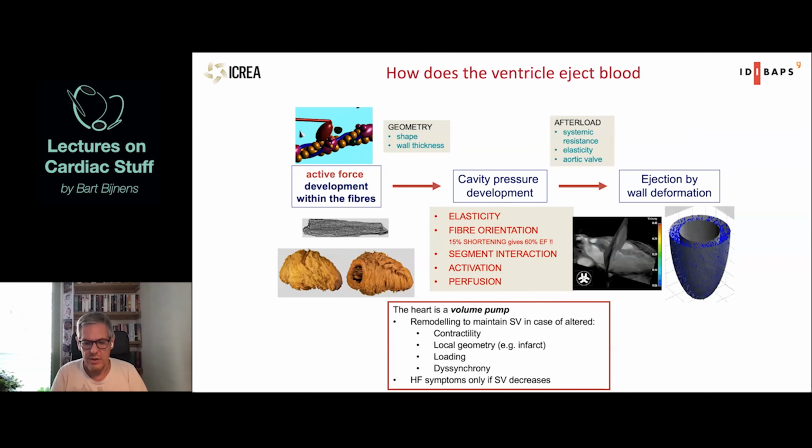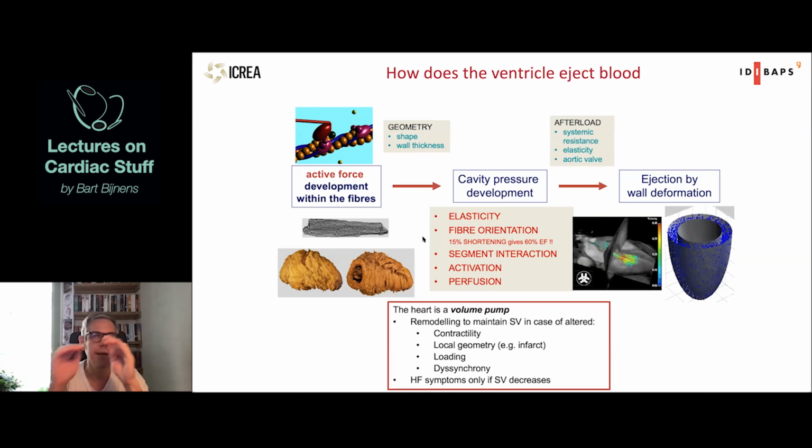So it's always good to go back to what's happening with function, because in the end, that is what is driving the whole remodeling and what we measure. As we said before, you have to look at what is happening at the level of the myocytes, and the amount of deformation they can do after being activated, and the amount of force development, which is turned into pressure.